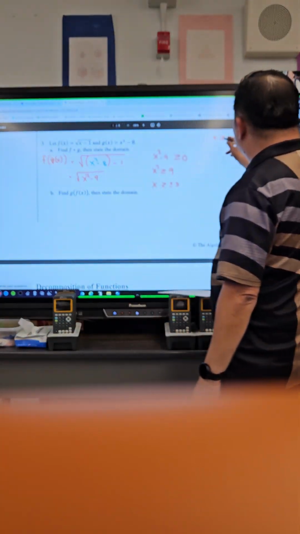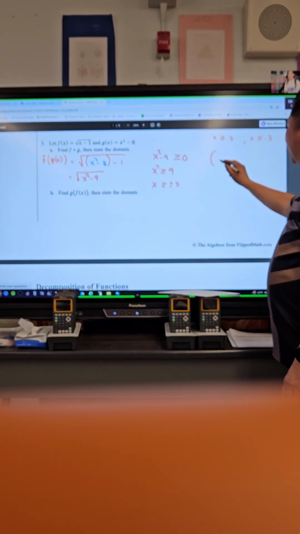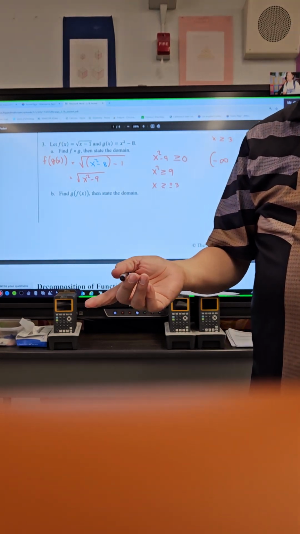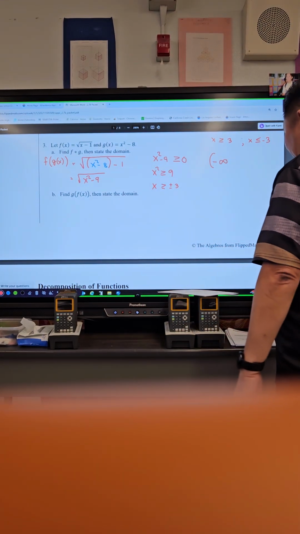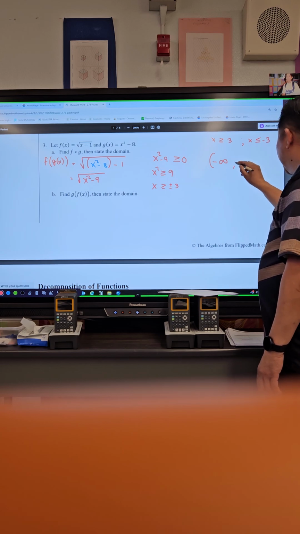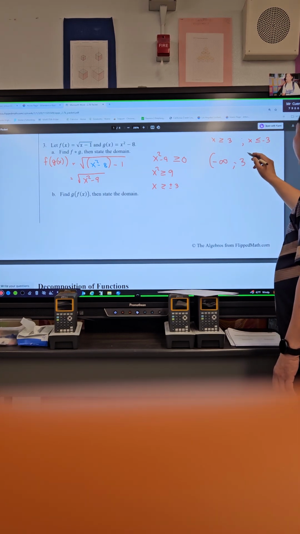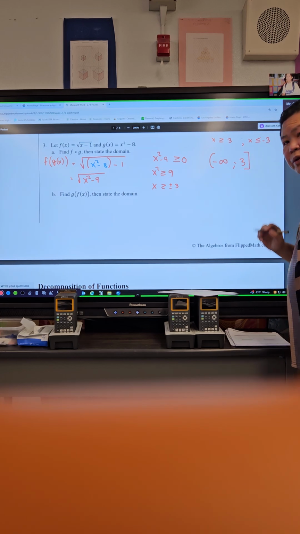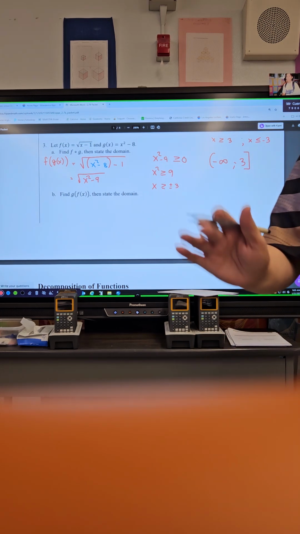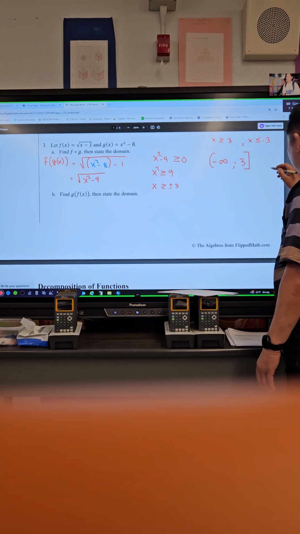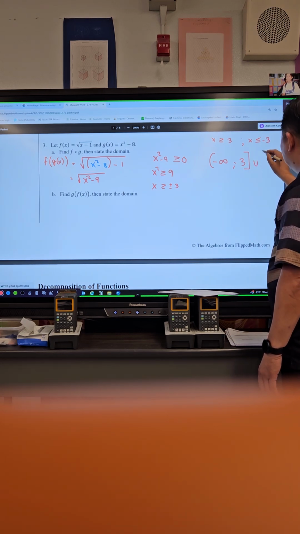To the right. Okay. So, right here, you said a while ago infinity. So this means open interval, right? Open interval. So, negative infinity, and then since this is less than or equal to negative 3, this means this is closed interval. Okay? Closed interval. And what else? It's going to have a union of what?